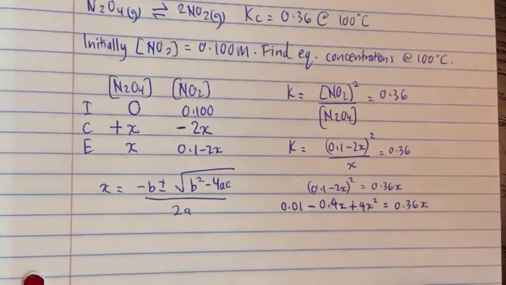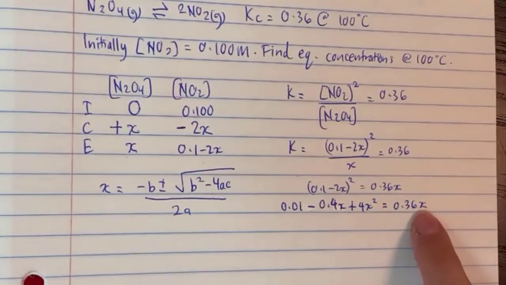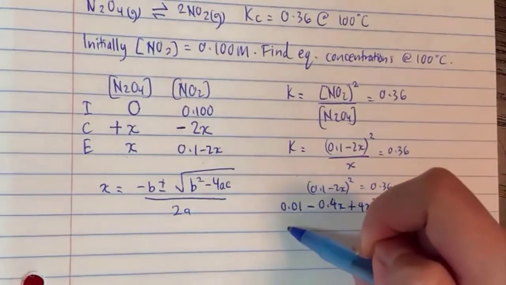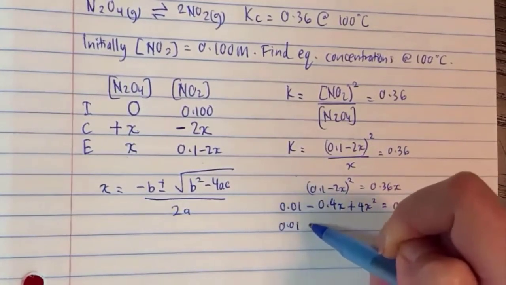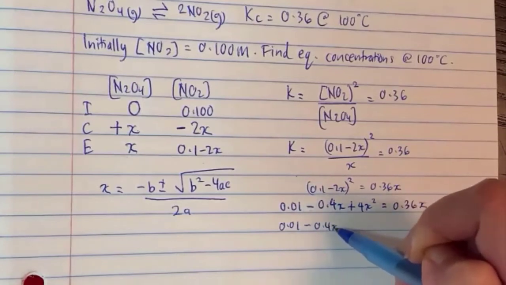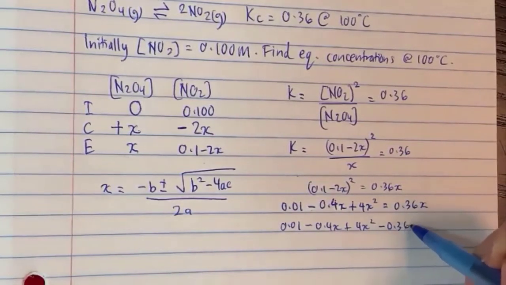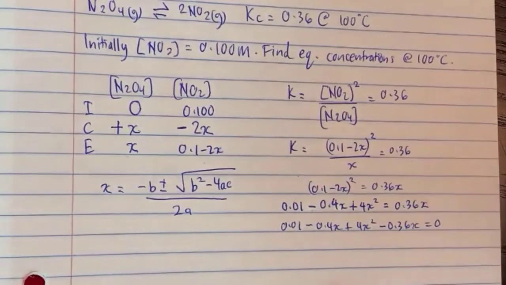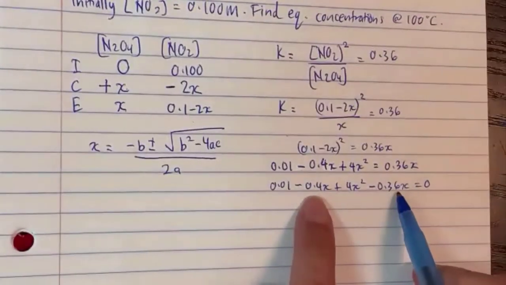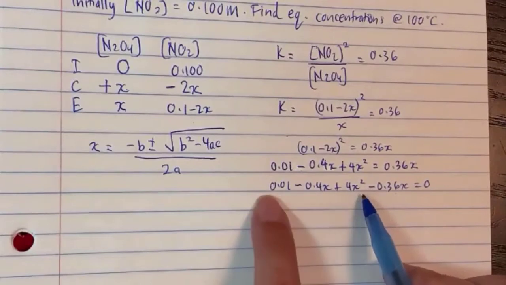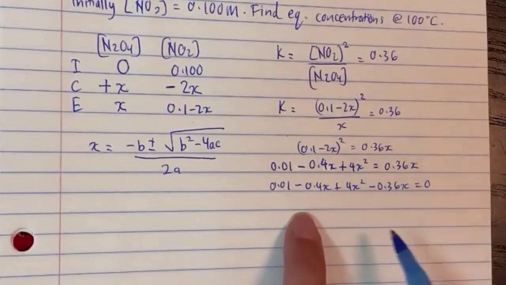So now I'm going to move the 0.36x over, so I have to subtract 0.36x from both sides. Let me write it out: 0.01 minus 0.4x plus 4x squared minus 0.36x equals 0. Now I'm going to clump the x terms together, so I'm just going to rearrange it.